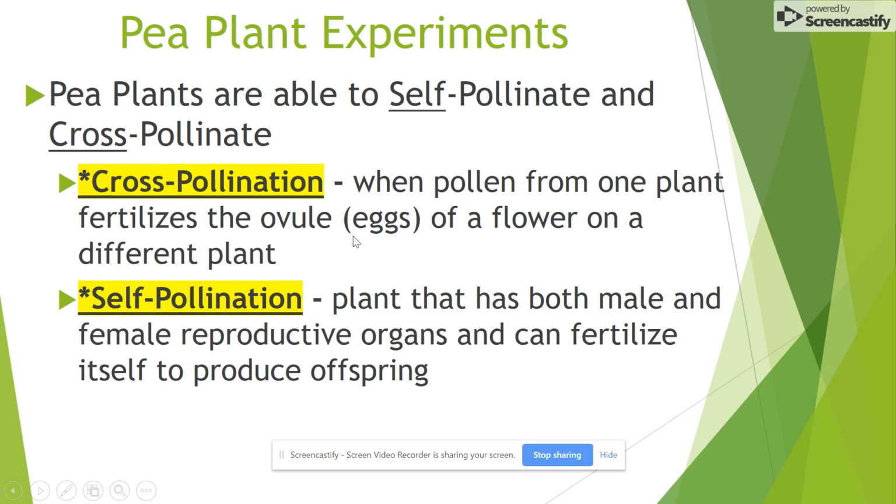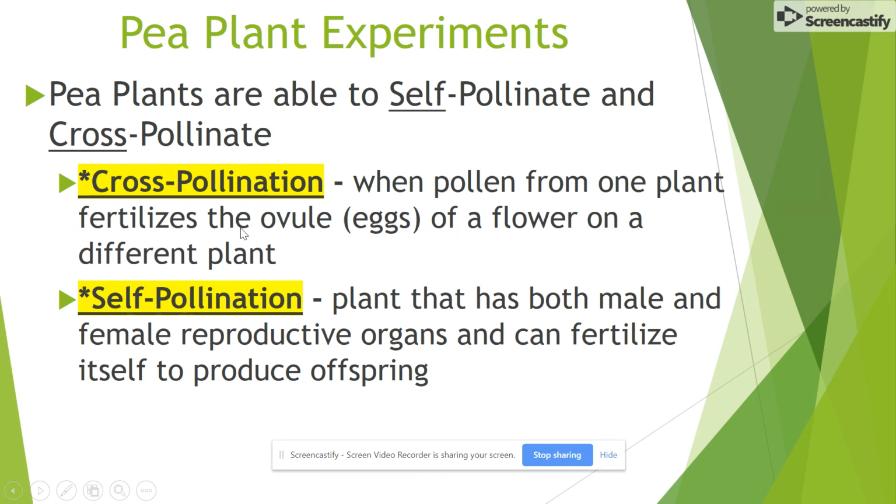Cross-pollination is when pollen from one plant fertilizes the ovule or the eggs of a flower on a different plant. You can think of pollen as like plant sperm, if you will. So it is the male genetic component in plants. And then the ovule or the eggs are the female part of plants.